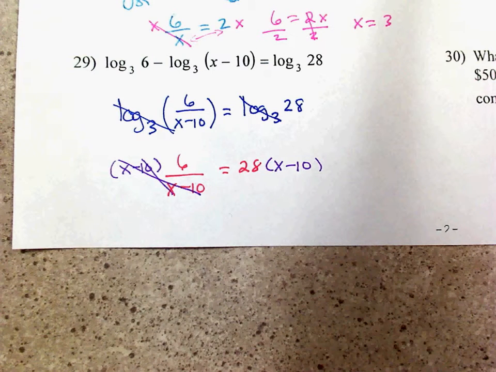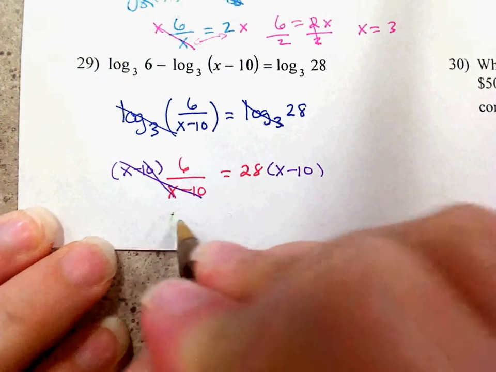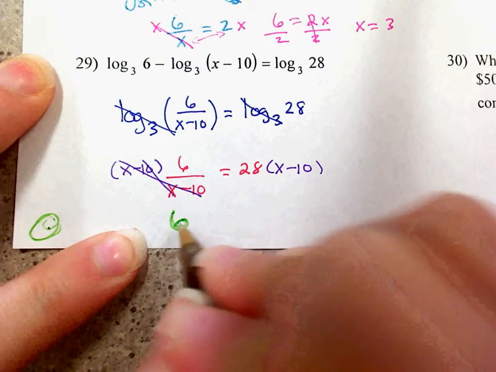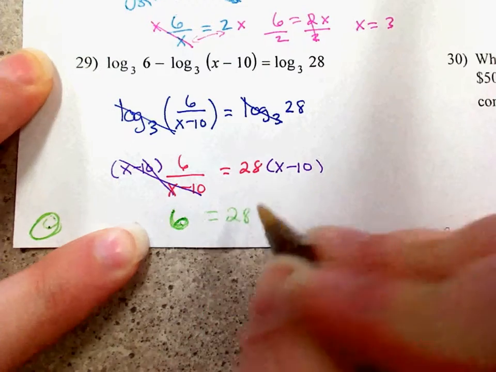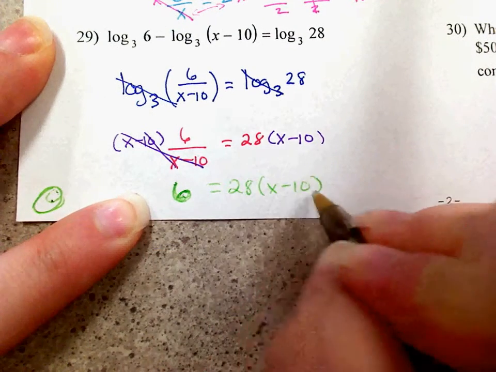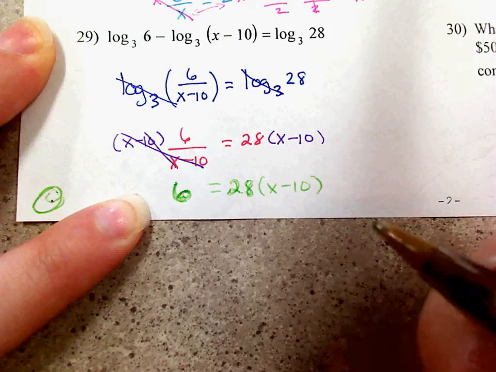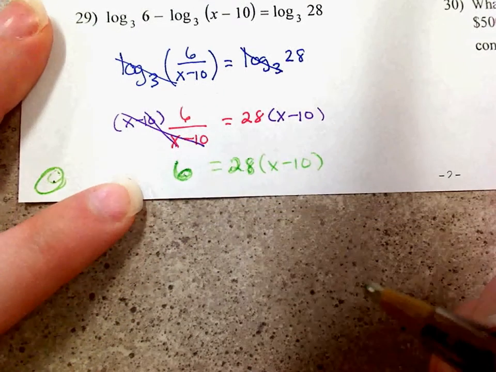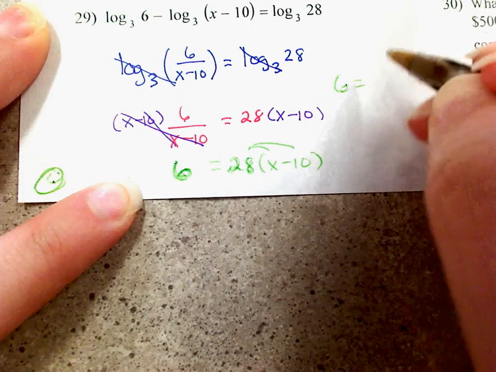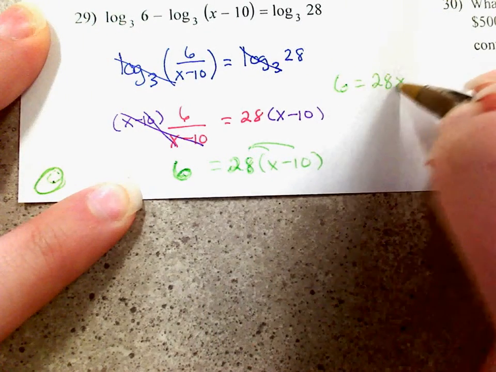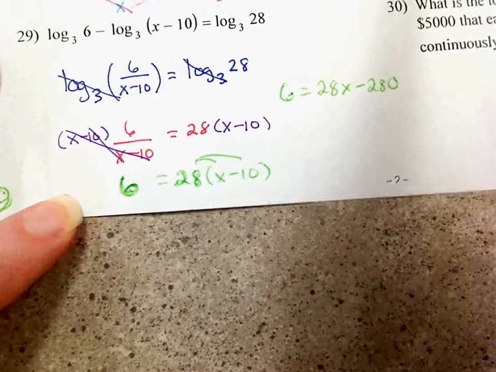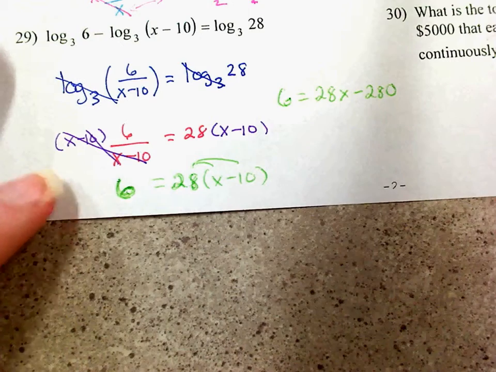So I got 6 equals 28 times x minus 10. So what would you do with the 28? Distribute it? Good. So I've got 6 equals 28x minus 280. Okay. So I'm going to add 280.